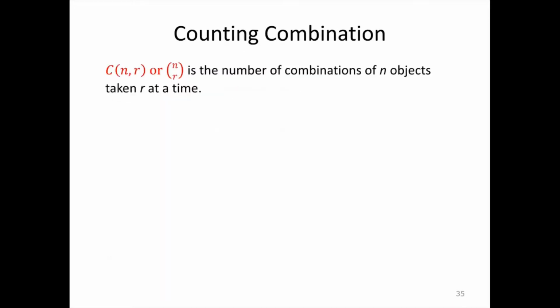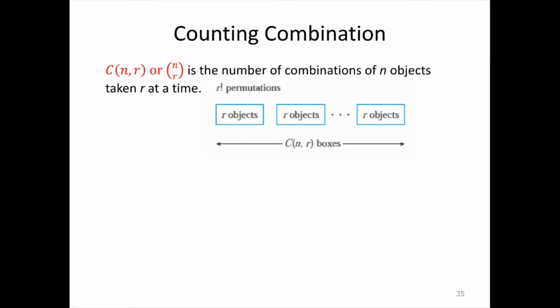So now what about the number of combinations of n objects taken R at a time? We denote this by C(n,R), or maybe you can use this notation. So imagine we have permutations of R objects. So this is R factorial permutations.